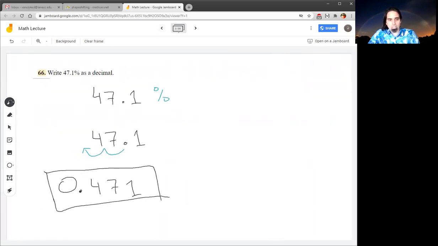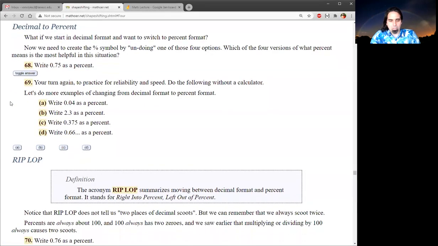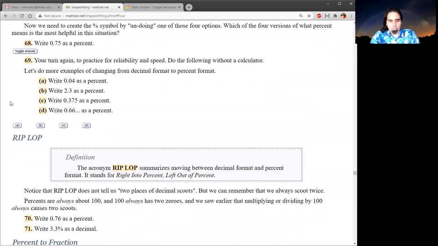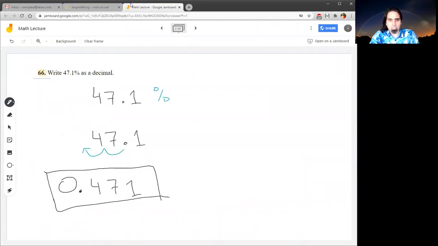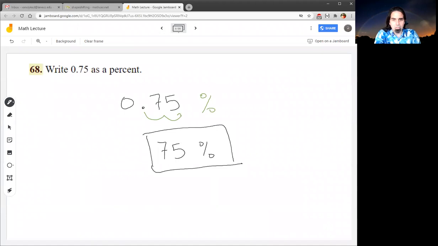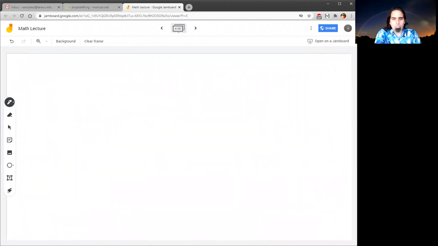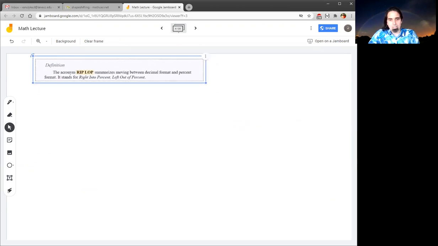If I'm starting inside percent format and I want to get rid of the percent symbol, then I move to the left. The acronym that we use is RIPLOP. It just stands for right into percent, left out of percent, to help us remember, because sometimes on a test, our brain shuts down.